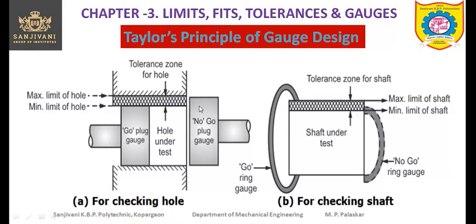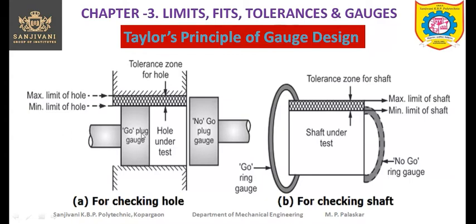Now with the help of this figure, things will be more clear. This is the hole and these are the plug gauges. This is the go plug gauge and this is the no go plug gauge. You can see that the size of the go plug gauge is equal to the lower limit of the hole. When the size is within the limits, the go plug gauge can enter.